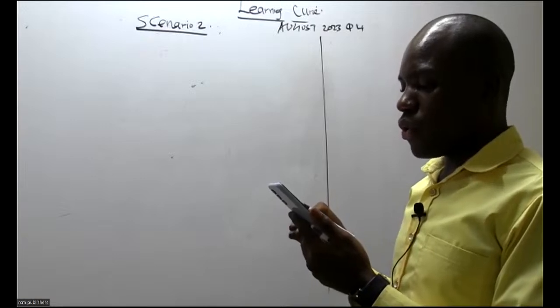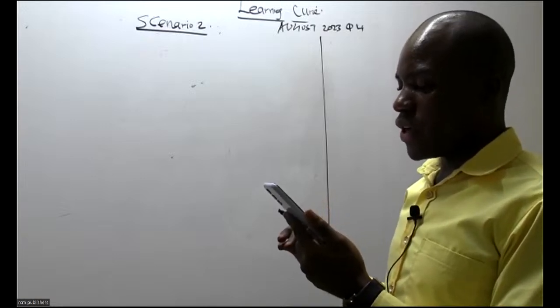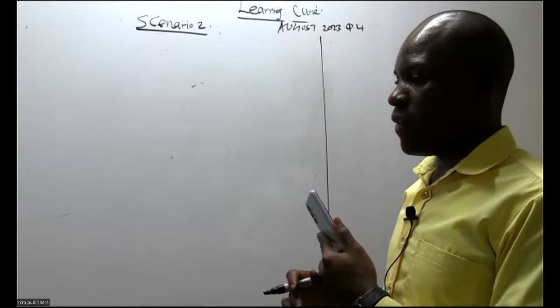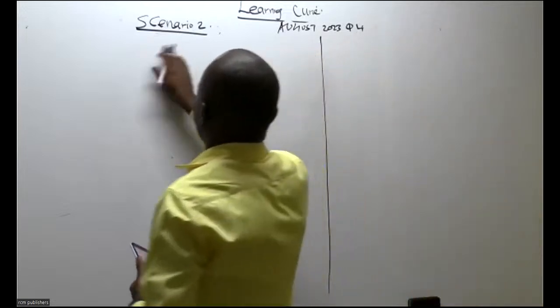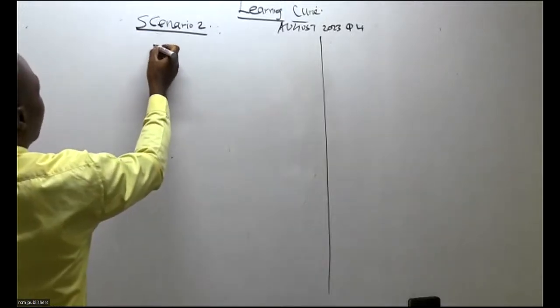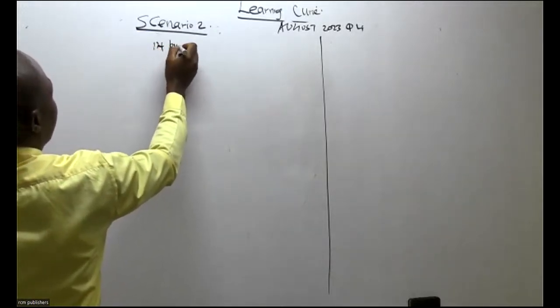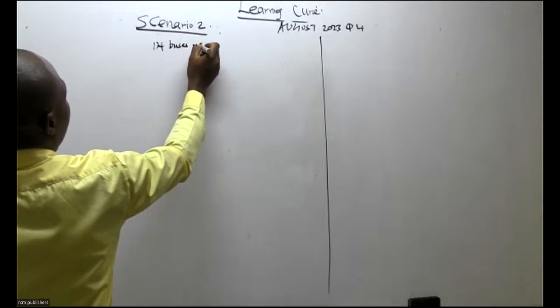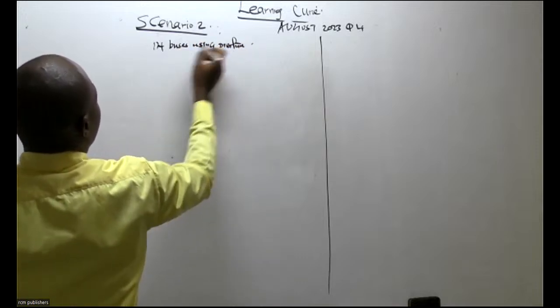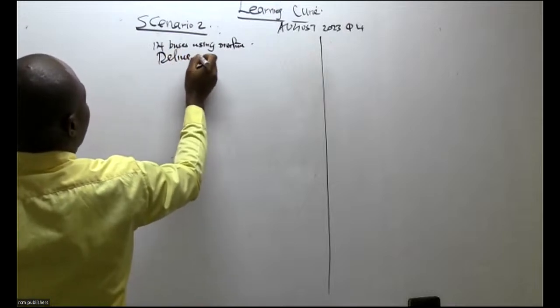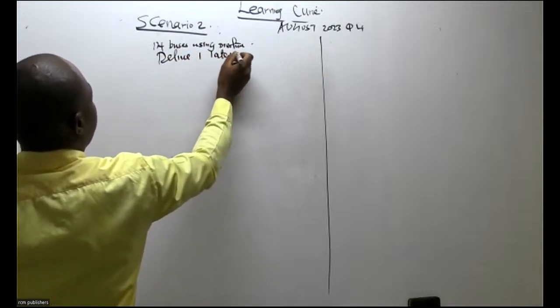Scenario 2: to complete 14 buses using overtime and deliver 1 bus later. We want to now produce 14 buses using overtime, then deliver 1 later.